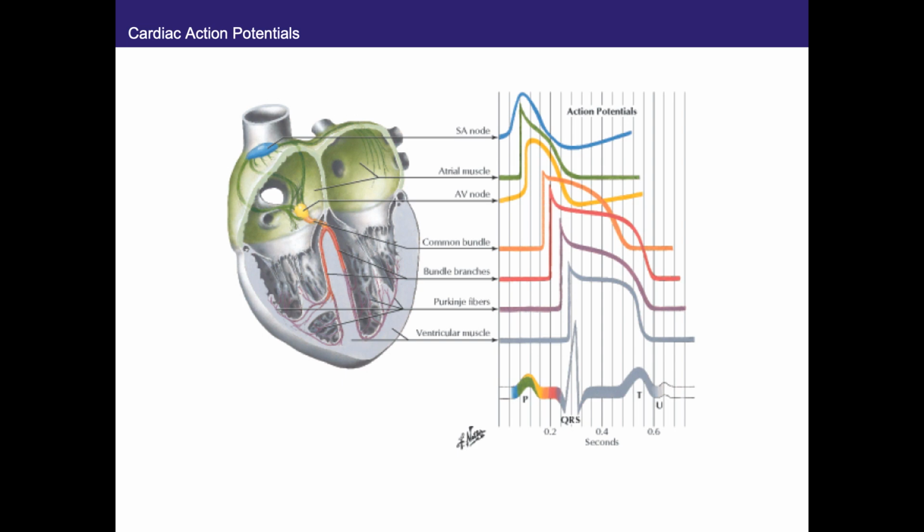Yes? Why is the T wave, if repolarization is going the same direction, why does it look the same as the P wave? Yeah, so great question. Why do the P wave and the T wave look exactly the same? So, if we go to the boards here and we look at a heart, right? The depolarization wave, as it sweeps from the SA node through the atria, has a very particular direction called a vector, right?